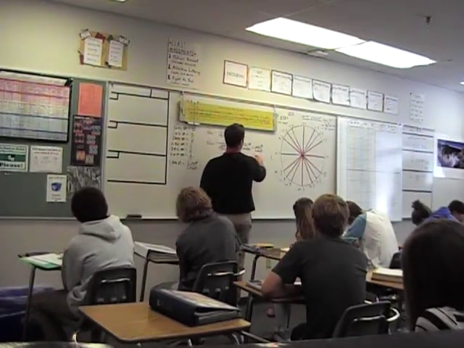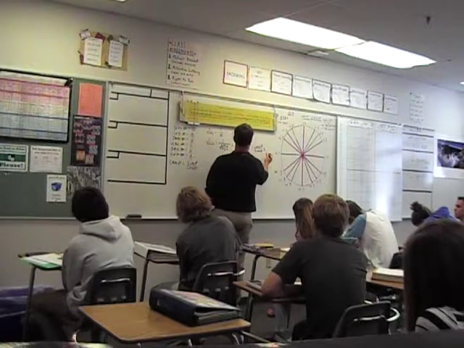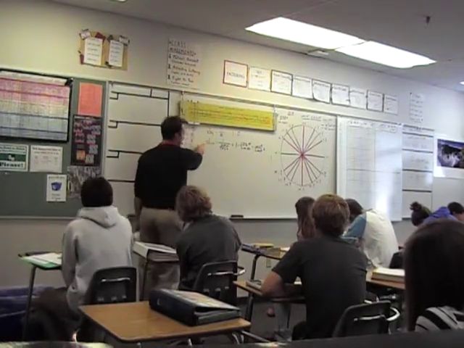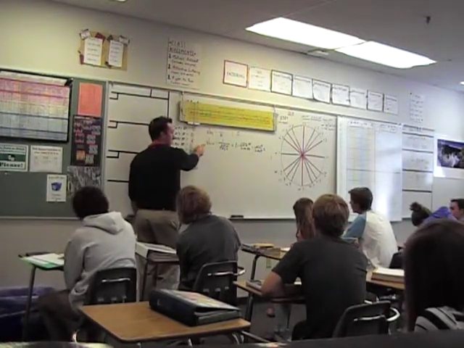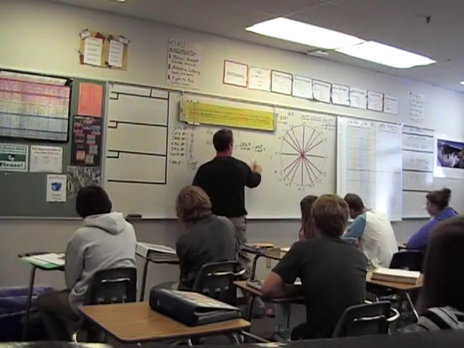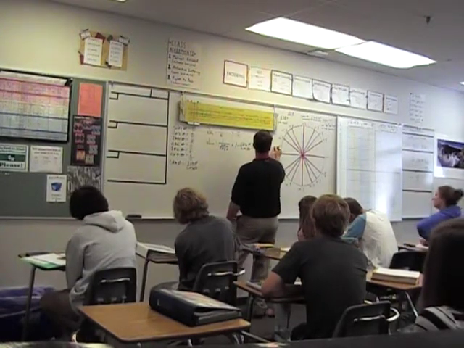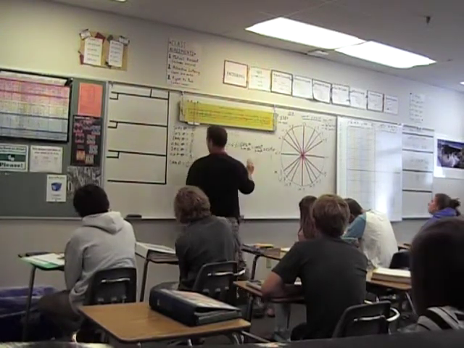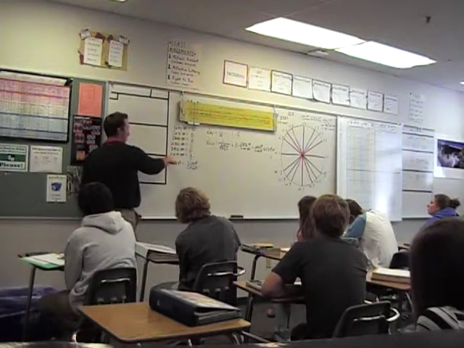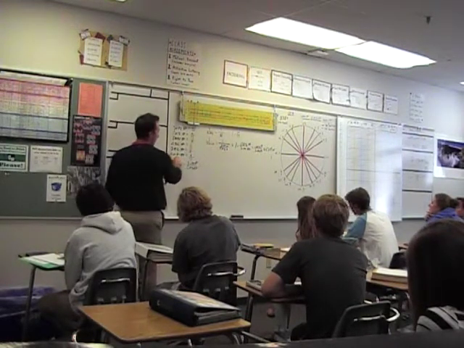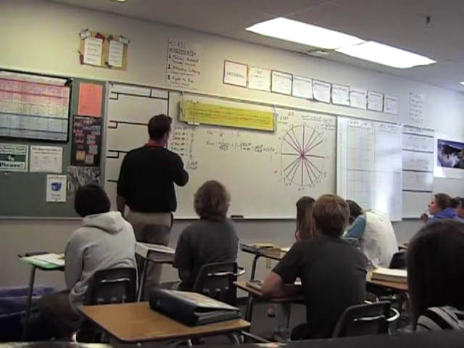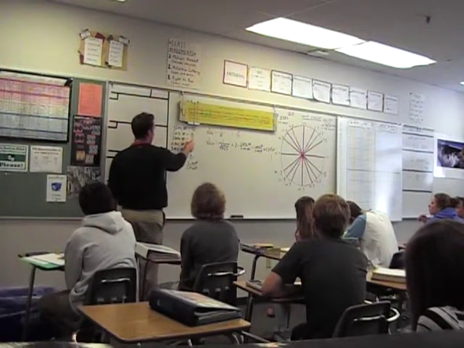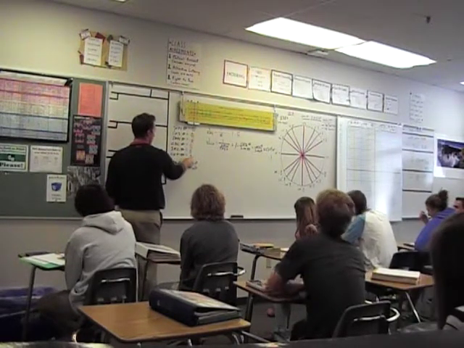But cosine over sine is what's known as 1 over tangent, which is also known as the cotangent. Okay? Cotangent right here. Just the reciprocal. Opposite over adjacent, adjacent over opposite.